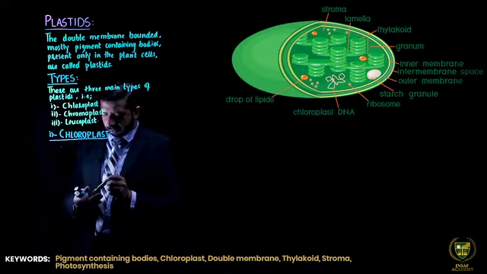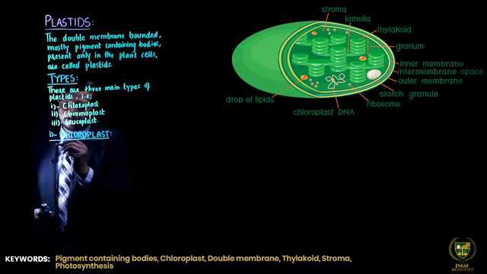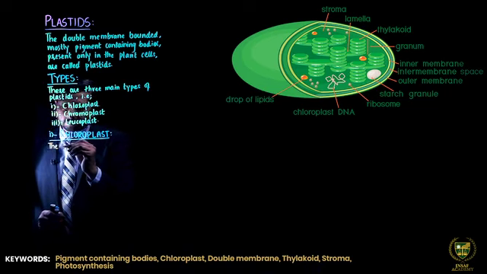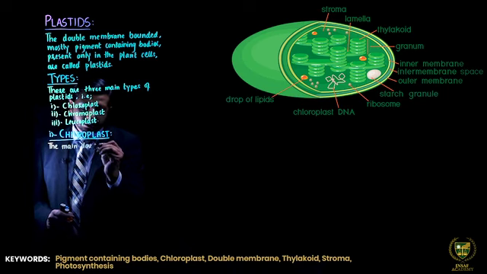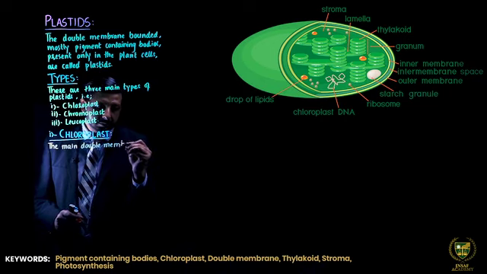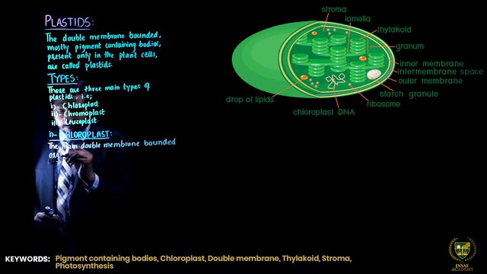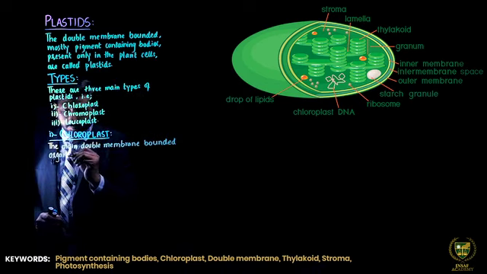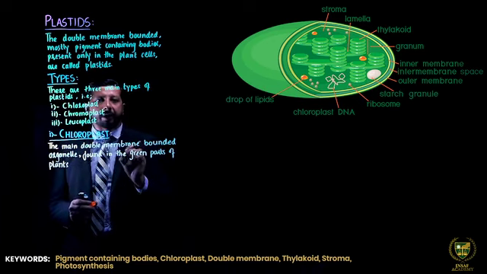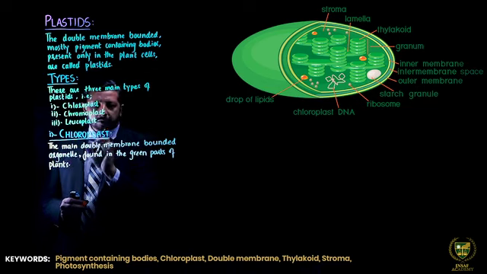So chloroplast, it is the main double membrane bounded organelle found in the green parts of plants, because it is used to impart only green color to the plants. Clear? So chloroplast, chloro is from chlorophyll.